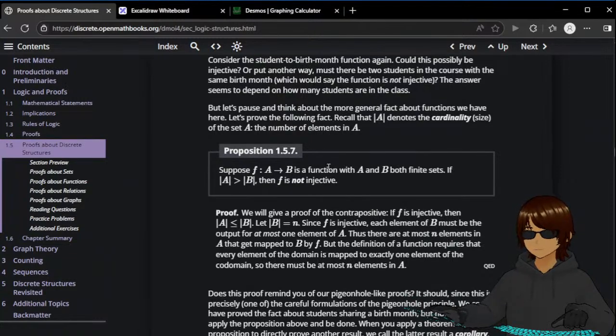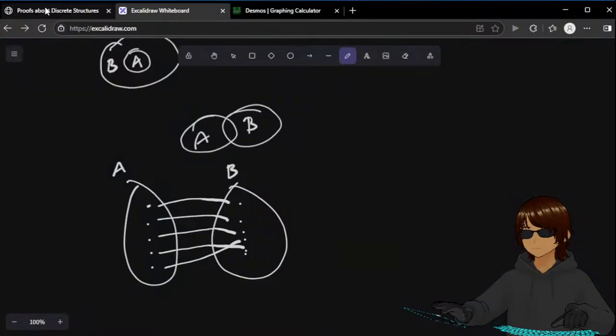Suppose f from A to B is a function with A and B both finite sets. If the number of elements of A is more than the number of elements of B, then f is not injective, because there are more inputs than outputs.